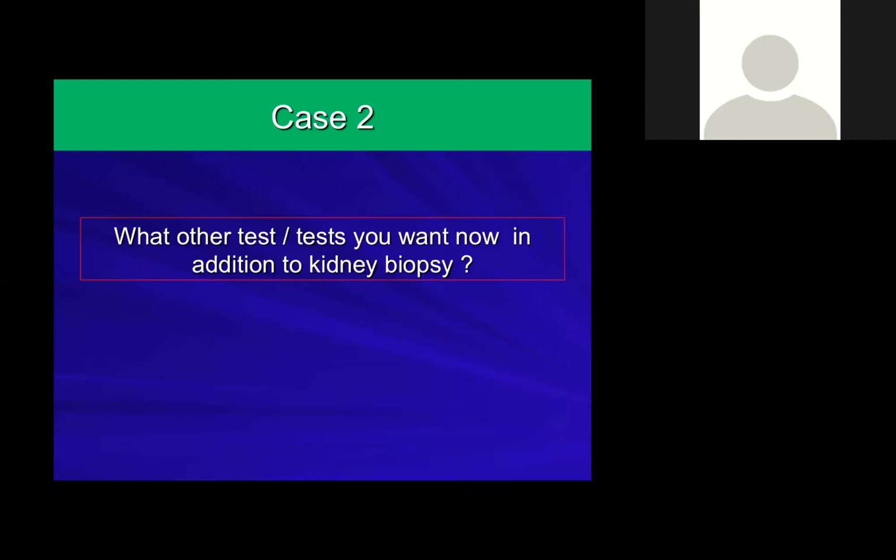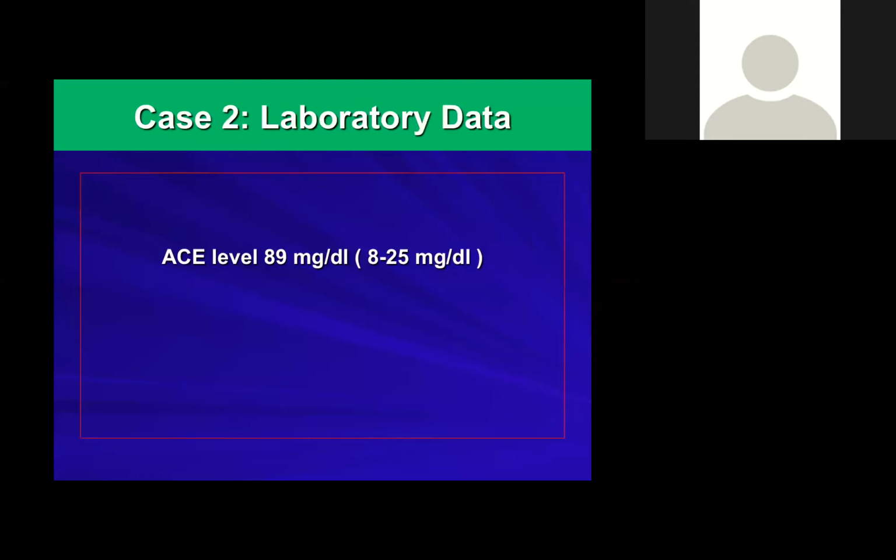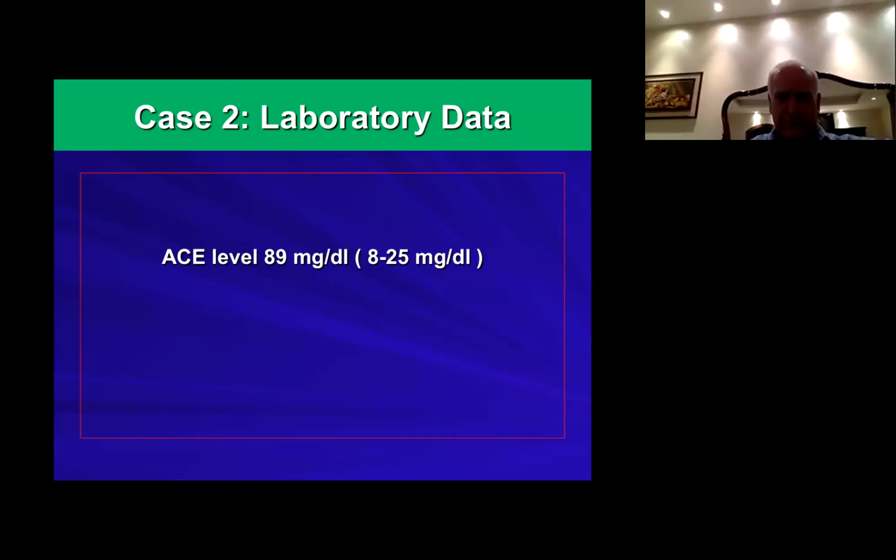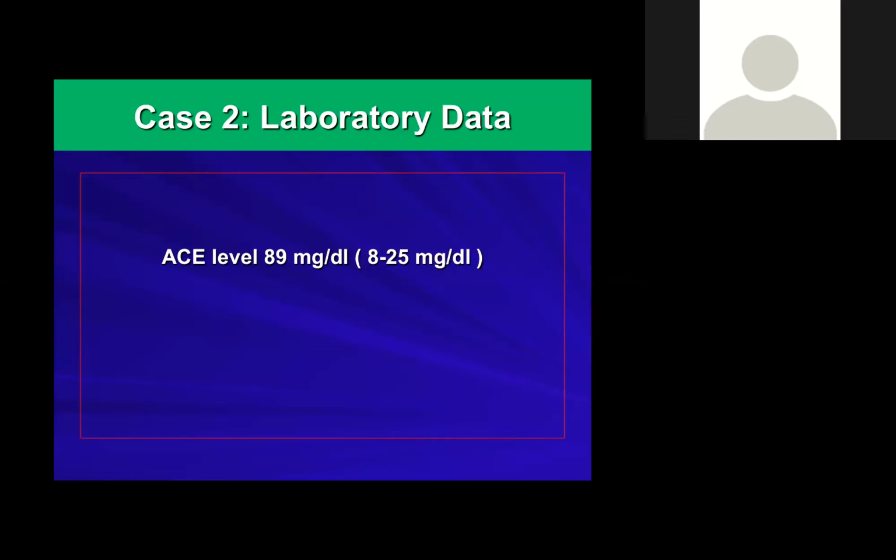They accepted the idea of using ACE level to assess for the presence or absence of sarcoidosis, but it is mainly for assessing disease activity. Definitely, we need a pathology diagnosis, but the classical history and presentation is highly suggestive of sarcoid, so our young fellows are suggesting to go for ACE level. You have it? Yes, I see. That's high. Okay.